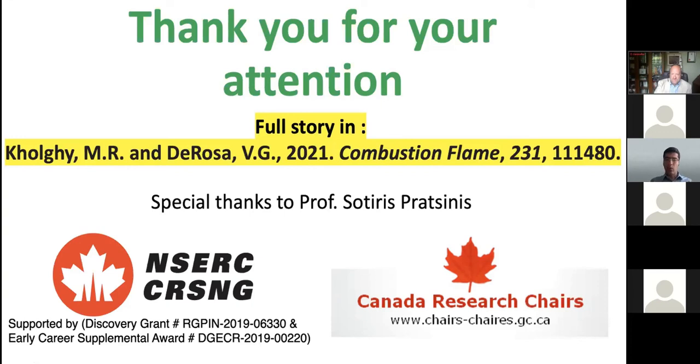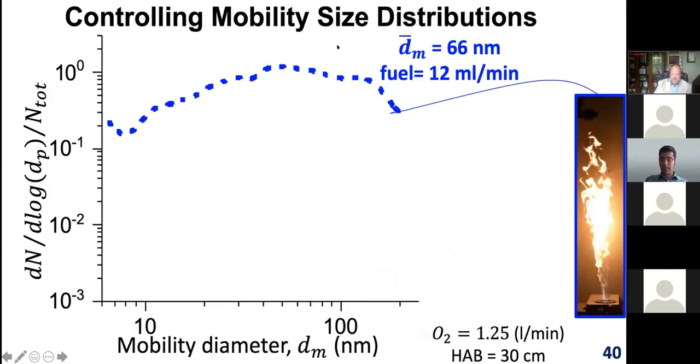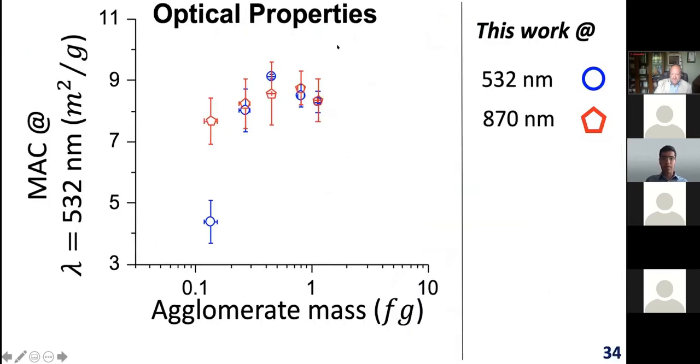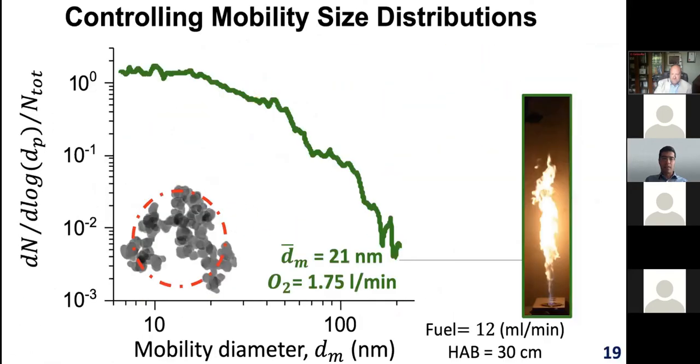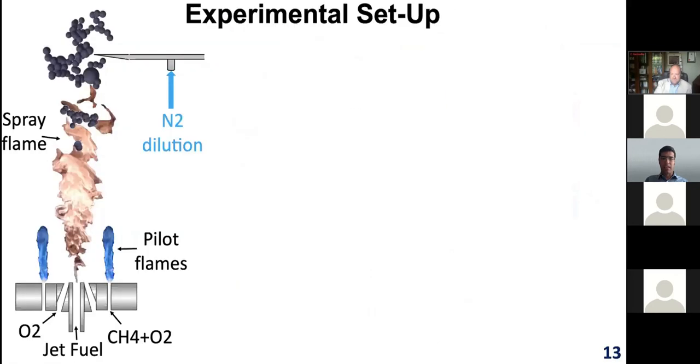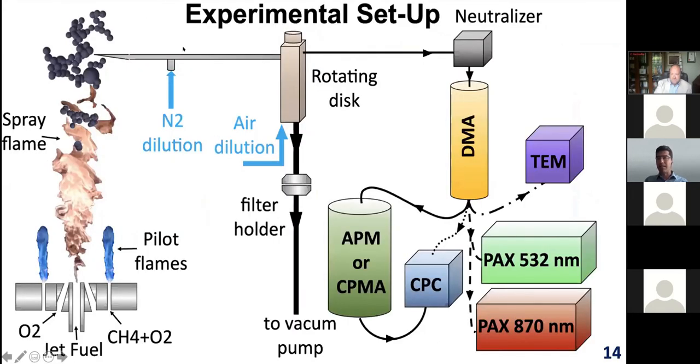So the total particle concentration, if I can go back here, depends on the sampling system and how long our sampling probe is. In the measurement, we didn't have a very accurate estimate of the overall dilution ratio that we achieved, so I cannot comment on the exact concentrations.